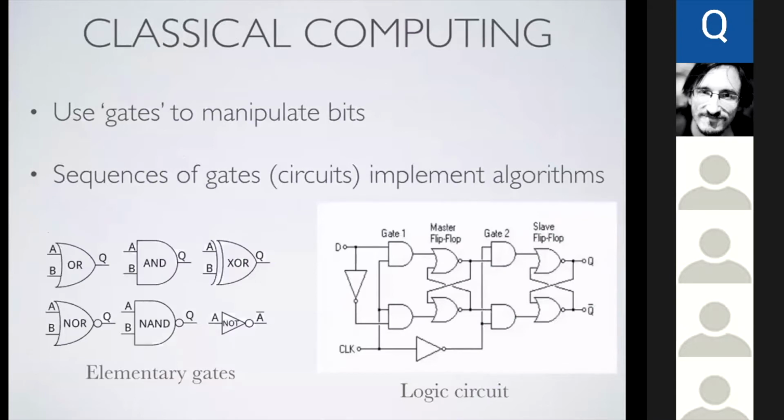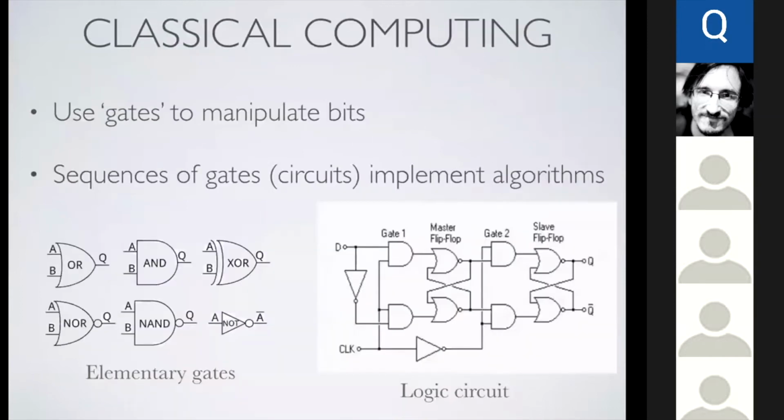Once we know how to encode information using a physical system, then we have the idea of using gates, which is what all of our integrated circuits do today, to manipulate these bits to evolve them and give us the output of a computation. So if you've ever done any electronics, some of these things will look very familiar.